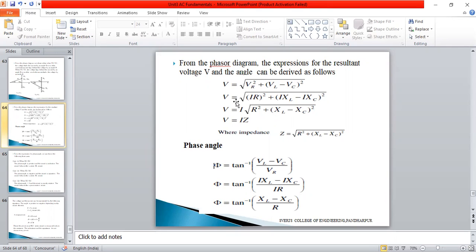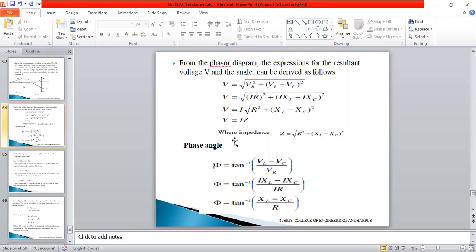V equal to square root of IR square plus IXC minus IXL whole square. Next, V equal to I square root of R square plus XC minus XL whole square.